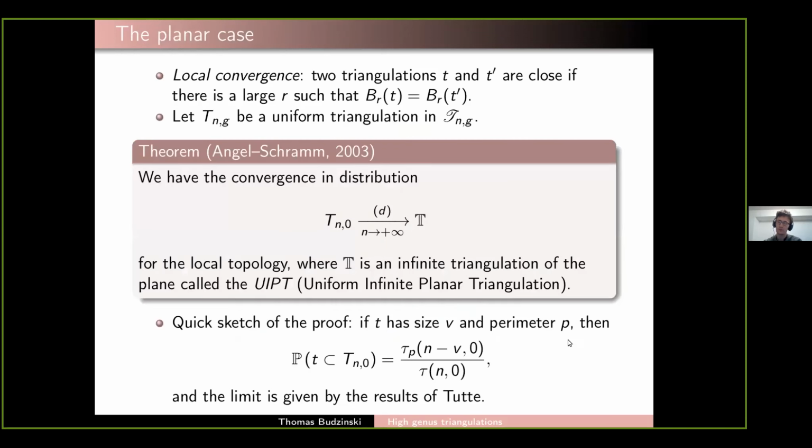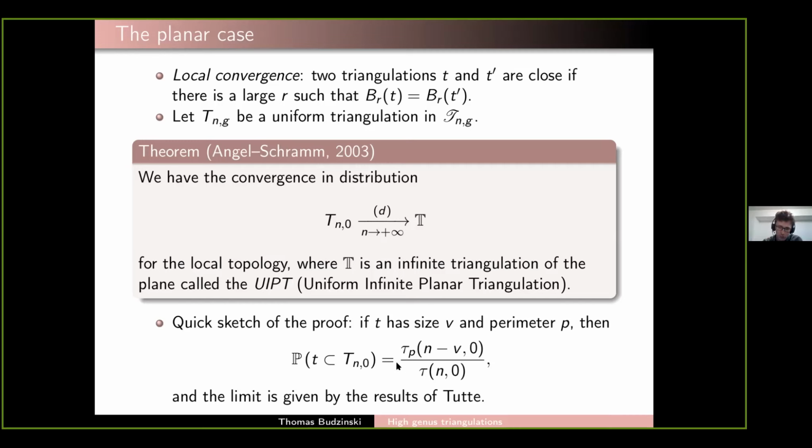And the numerator is the number of triangulations containing my little t. If I have a little triangulation T with a hole, the number of triangulations containing this little piece as a neighborhood of the root is the number of ways to fill the hole of my little piece T in such a way that the number of faces is the right one.